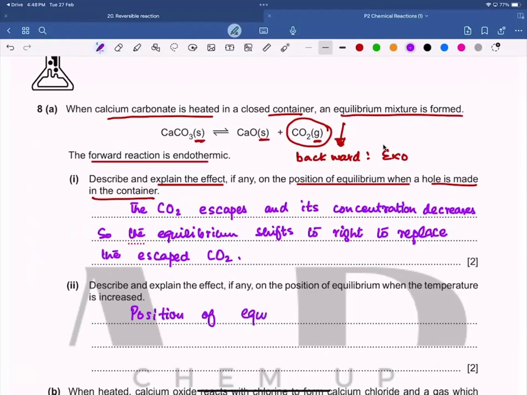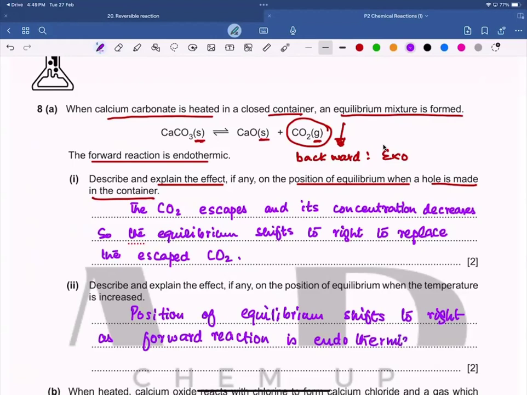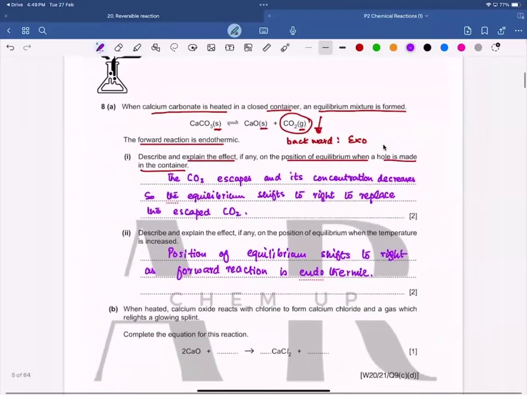Position of equilibrium shifts to right as forward reaction is endothermic. Is this clear to all of you? Yes, sir. Okay.